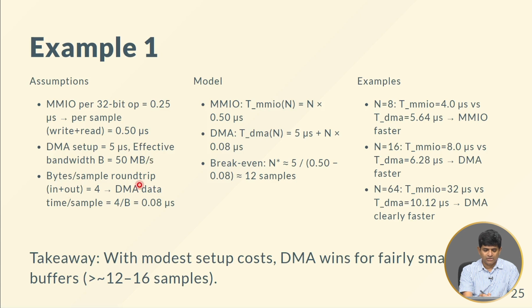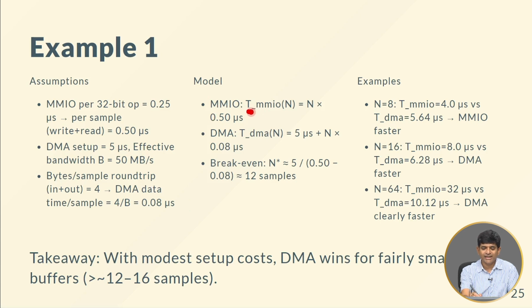So in the case of the DMA, for a round trip of data, a 32-bit word takes 4 divided by B, or 0.08 microseconds, to actually transfer. In other words, when I say effective bandwidth, I'm assuming that it is actual copy bandwidth. I have managed to take the data and transfer it. What that means is I can now put together a model of computation.